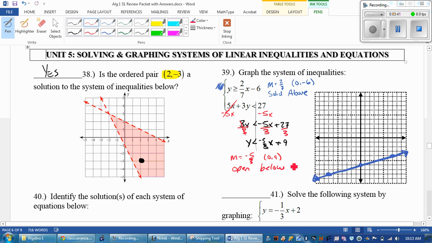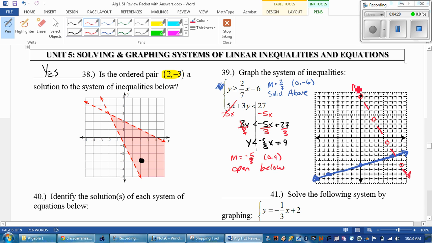So starting at 9, I'm going to be open, and then I'm going to go down 5 over 3, open. 1, 2, 3, 4, 5, 1, 2, 3. Now it's open, which means we're going to have what type of line? Dashed line. And then just make sure to add your arrows.